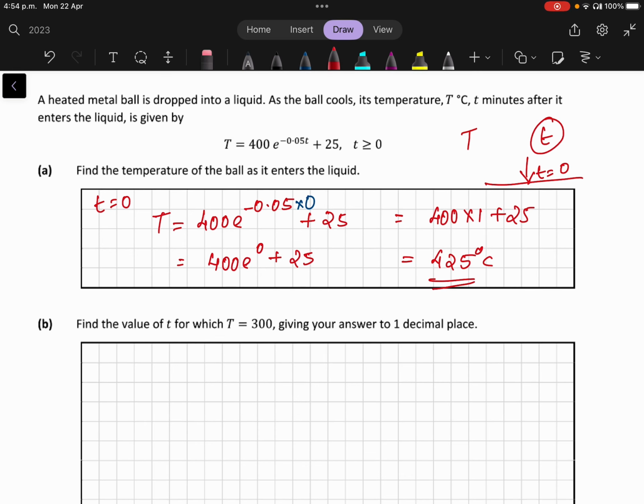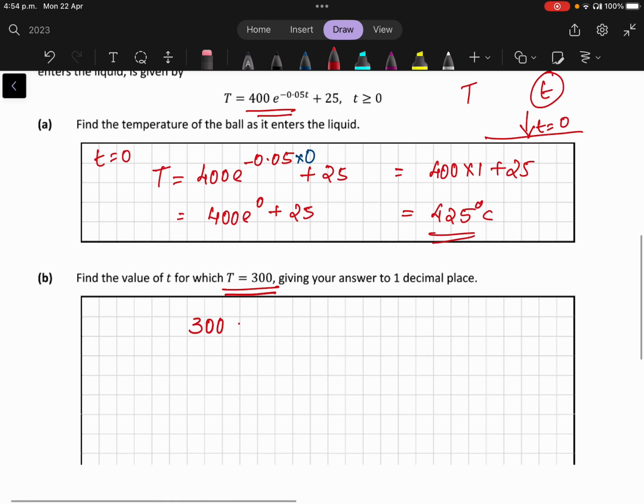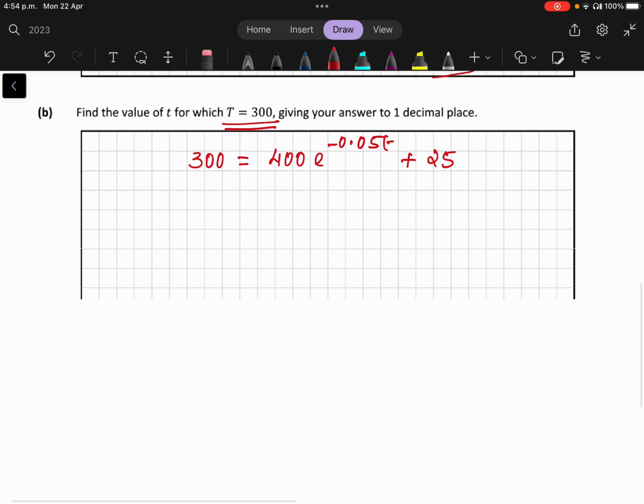Find the value of t for which capital T is equal to 300. So for this, in this formula, you have to give 300 is equal to 400 e to the power of minus 0.05 t plus 25. Now it's just the matter of solving the equation, and most of the time it will be the same method which you have to use. So learn this method and you will be able to do any kind of question.